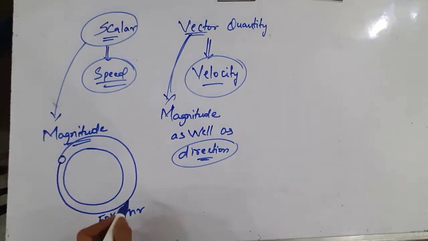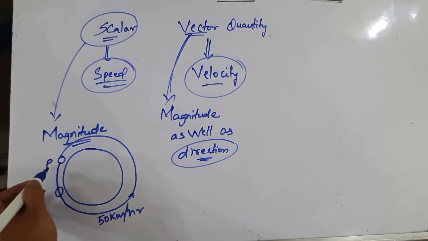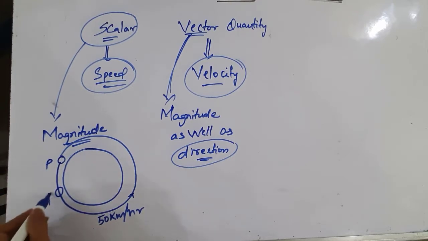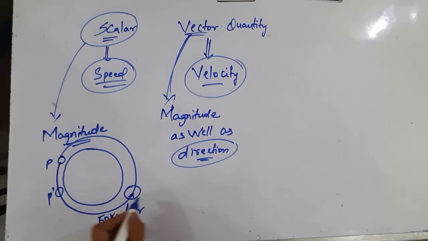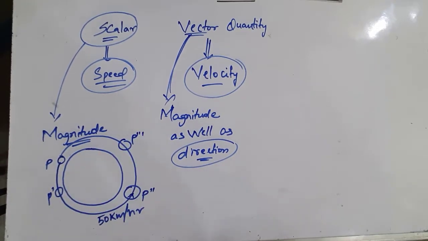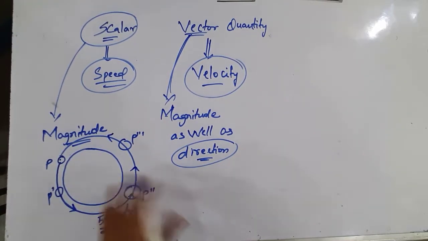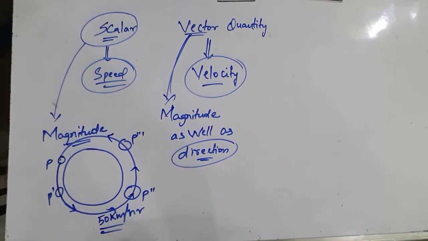At each point of time, when the body reaches position P, P dash, P double dash or P triple dash, everywhere the speed is the same, that is, it is moving with a speed of 50 km per hour. Since the speed is the same, we can say that the speed is constant.